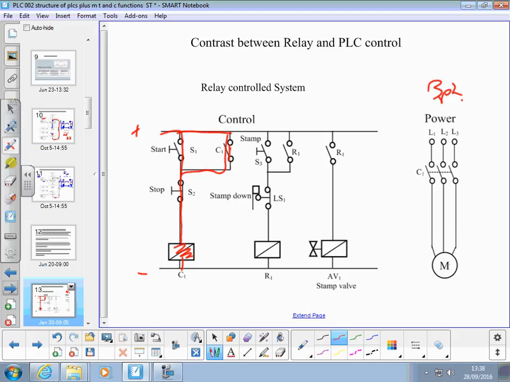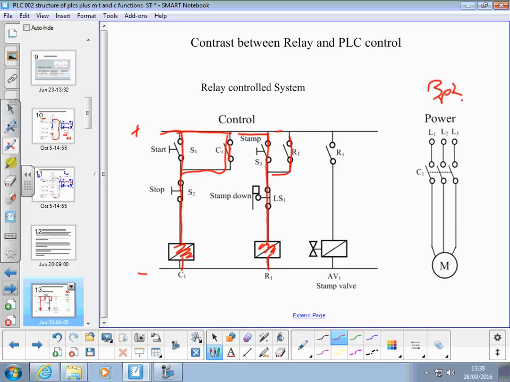So your hydraulics is running. You then push the stamp button, we get current down there through the limit switch to that relay. Difference between relays and contactors: contactors have got high current contacts, relays generally much lower current contacts. Which closes that because it's associated with R1.